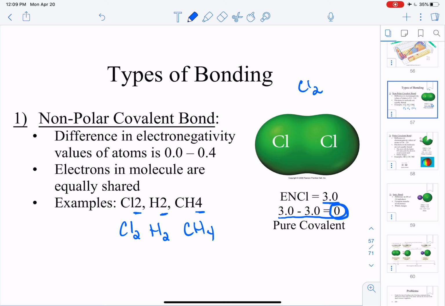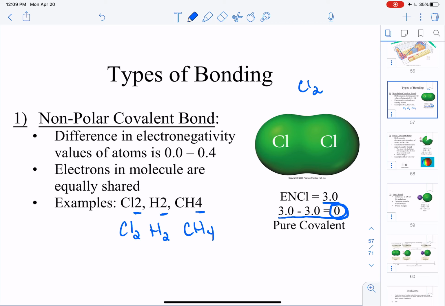That means that one chlorine is saying, I'm really electronegative and I want to hog the electrons over towards myself, except the chlorine on the other side is like, no way, man. I have equal strength and I'm going to pull on the electrons this way. And that ends up with a tug of war where the electrons don't go in either direction.